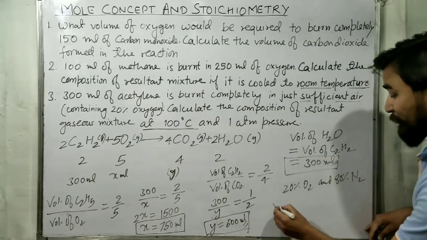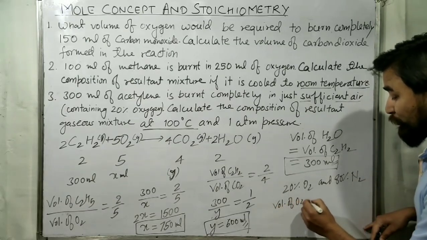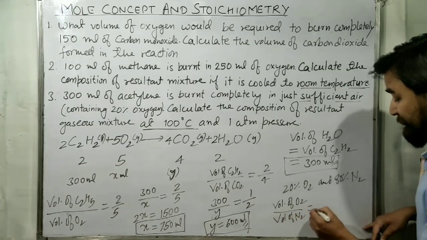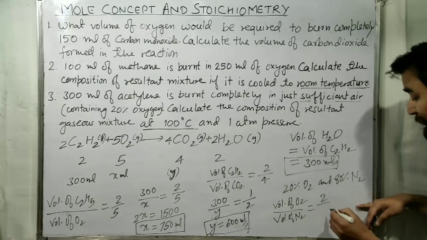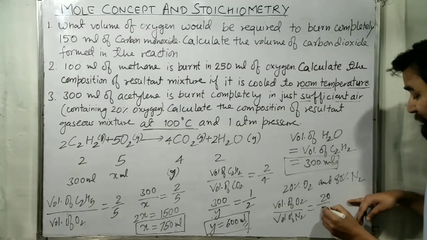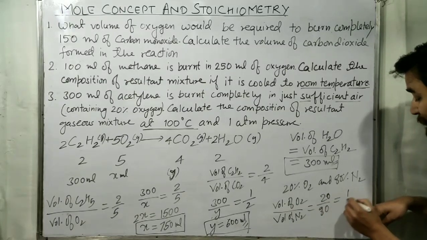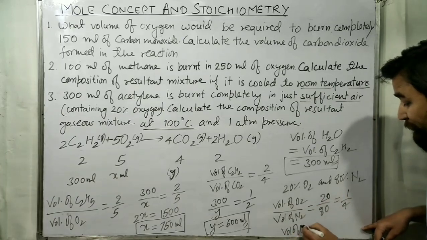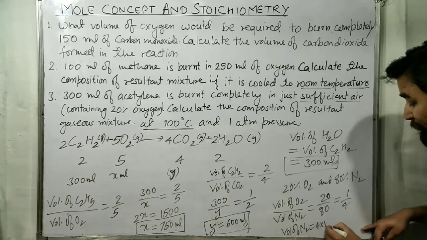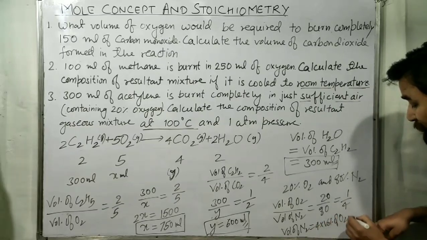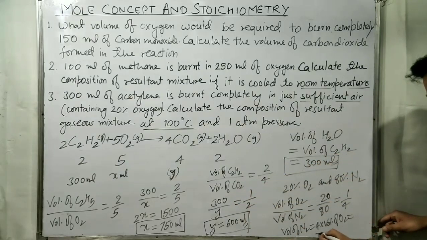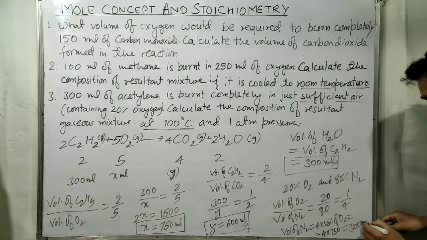That will be volume of O2 by volume of N2 equal to 20 by 80, or you can say 2 by 8 or 1 by 4, or you can say volume of nitrogen is 4 times volume of oxygen. The volume of oxygen is given, that is 750. So that is equal to 4 into 750, that is equal to 3000 ml.